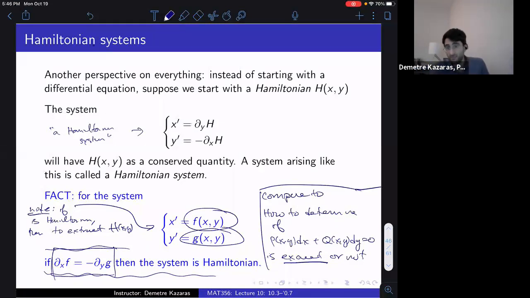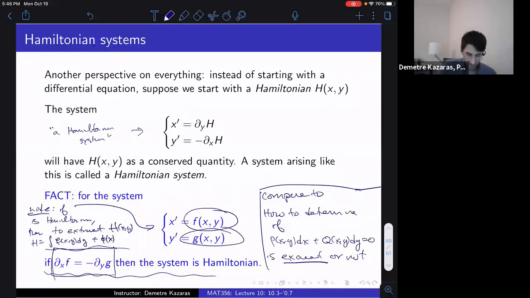You have to integrate f and g to figure out what h is, because f will be the y derivative of h and g will be minus the x derivative of h. So h, you could say, is the antiderivative of f of x,y with respect to y, and then there's going to be some constant, I'll call it phi, constant with respect to y, so it might still depend on x.